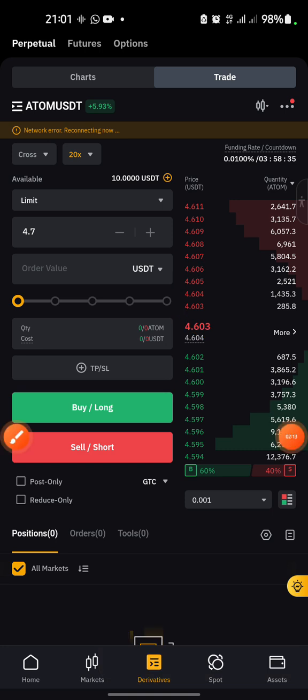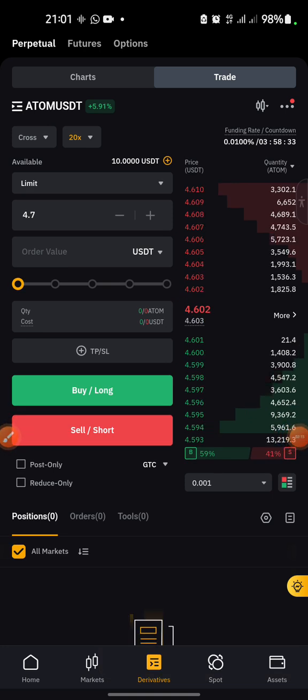Then we have order value. Now, in this part, you guys need to be very attentive, so we don't use most of our portfolio to enter a trade. Like we don't get to use 80% or 90% of our portfolio.